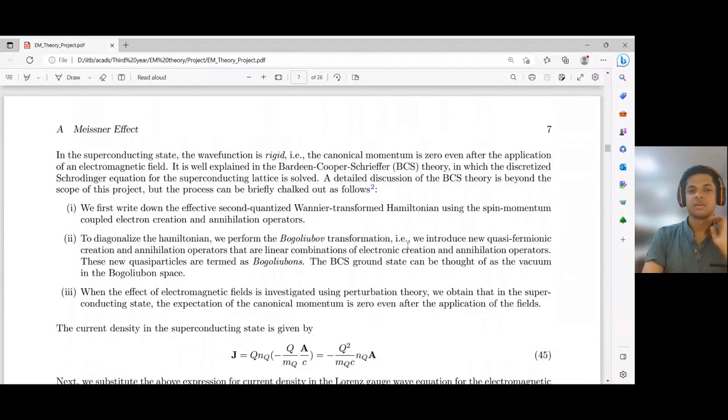In this transformation, we introduce new quasi-fermionic creation and annihilation operators, which are simply linear combinations of the electronic ones. These new quasi-particles are called Bogoliubons. Once we have diagonalized the Hamiltonian, it is quite obvious that the ground state of the Hamiltonian can be thought of as the vacuum in the Bogoliubon space, right?